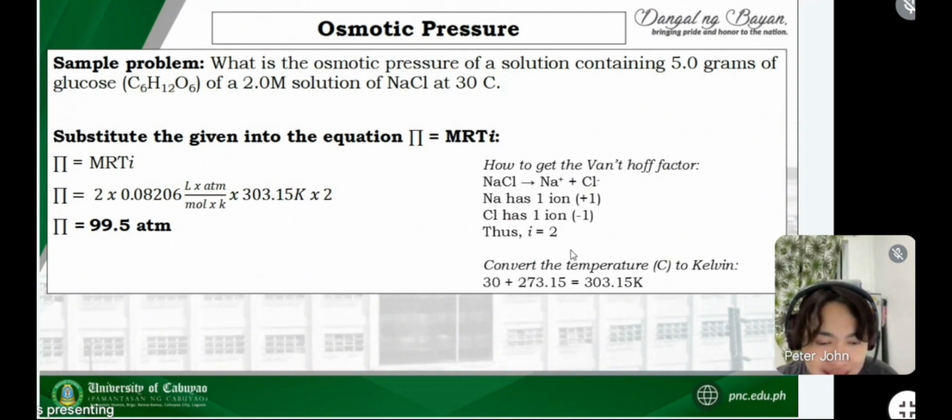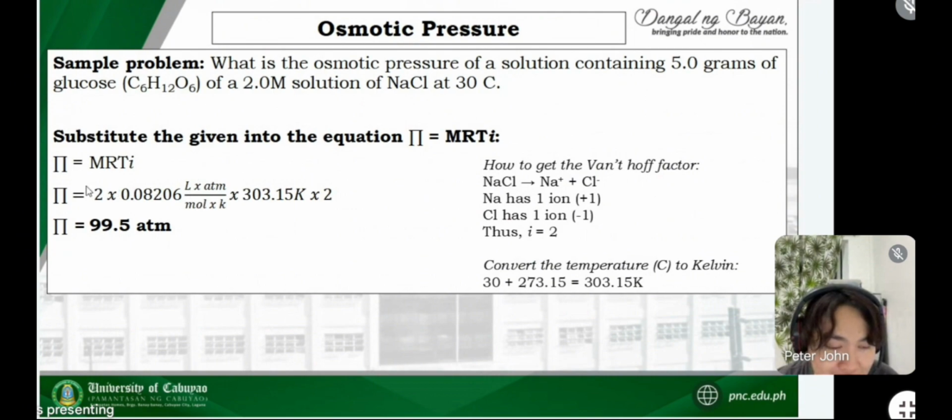In this case, class, pag naka-Kelvin na siya, cancel si Kelvin dito. Ibig sabihin, ang naiiwan na lang natin na unit dito is atm, mole, and liter. Si mole, pwede natin siyang makancel along with liter because the unit of molarity is mole over liter.